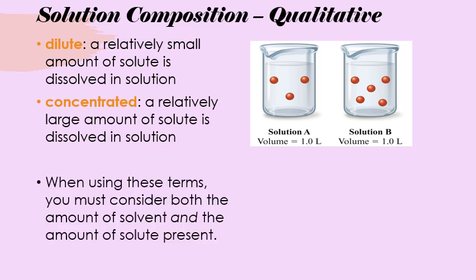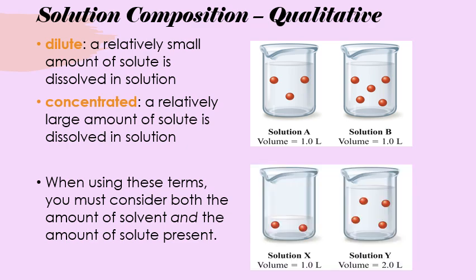And just a quick note, and we'll talk more about this tomorrow, it's important that you consider both the amount of solvent and the amount of solute present when you're using these ideas of dilute and concentrated. As an example, look at these 2 beakers on the bottom. Here we have solution X. It has 2 particles dissolved in 1 liter.